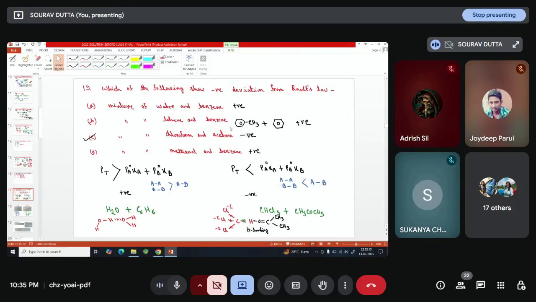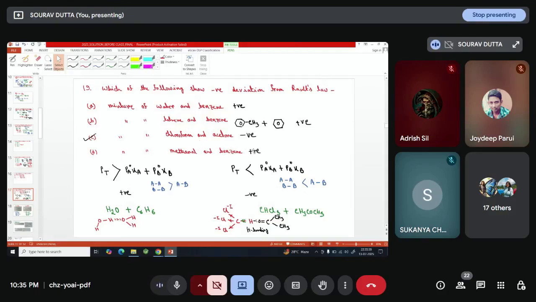Toluene plus benzene will also show positive deviation. Methanol and benzene will also show positive deviation, because methanol can form hydrogen bonding between themselves, and after mixing with benzene some hydrogen bonding will be reduced.